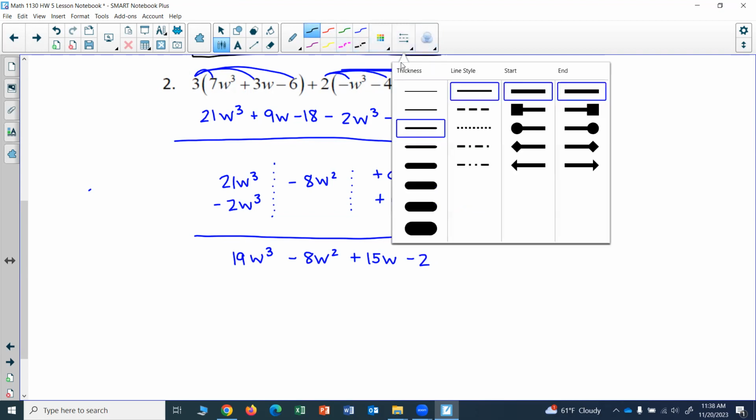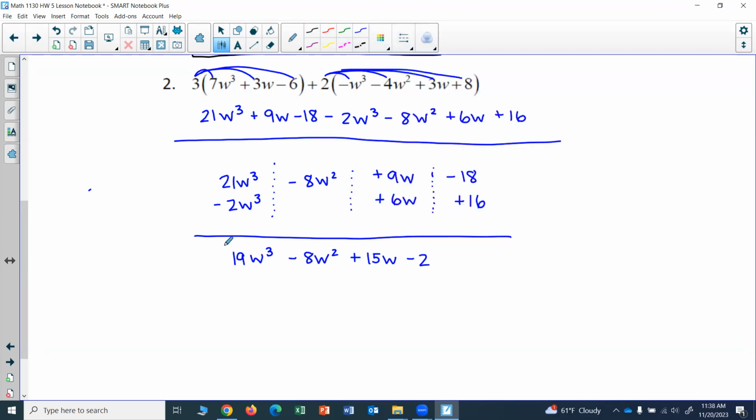That would be my final answer because I've combined all of the coefficients on the like terms. So in other words, I've combined all the like terms. So remember, when you are combining like terms, you take whatever sign you see and you add or subtract the coefficients accordingly to what sign you see.